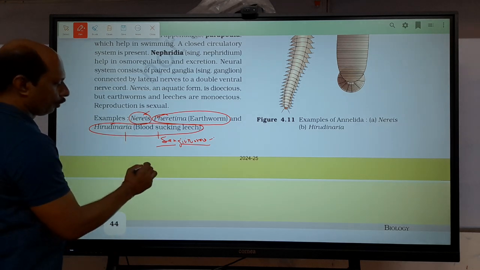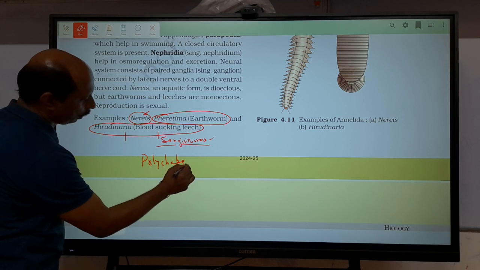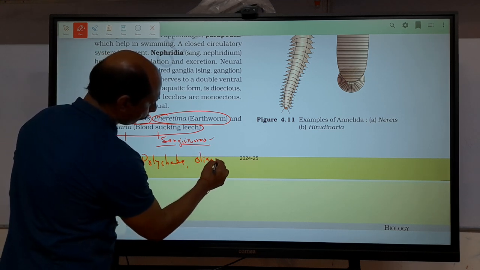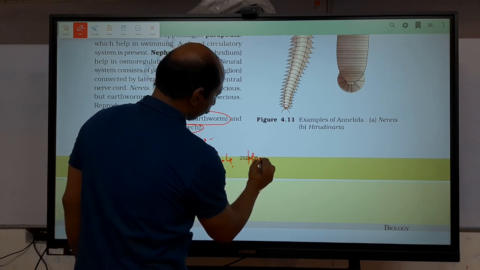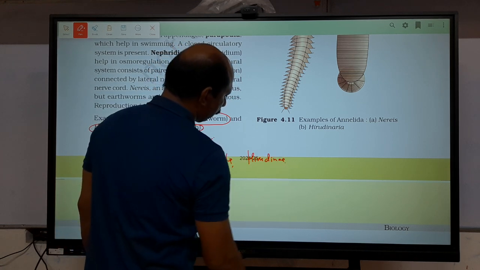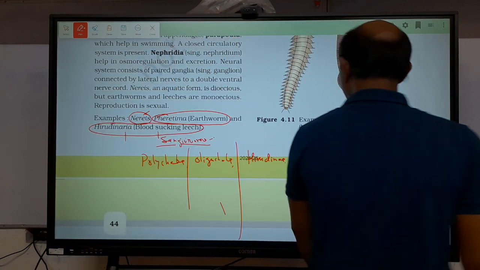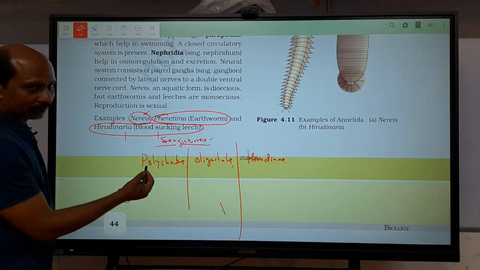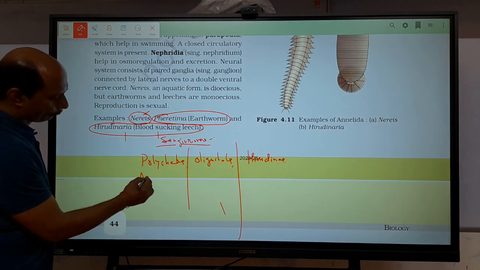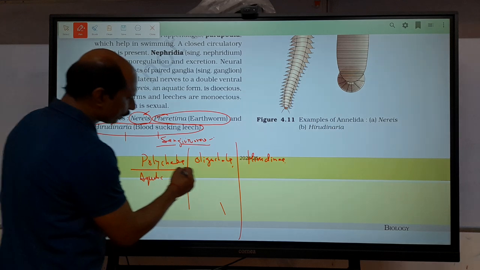So Nereis, Polychaeta, we have 3 classes: Polychaeta, Oligochaeta and Hirudinea. Polychaeta, they are free living, no parasite is there. Aquatic. What is the base of this classification?